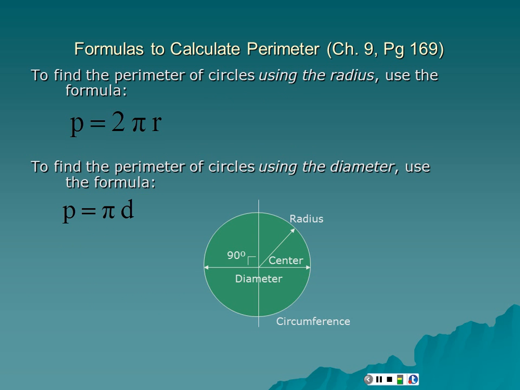Now we will try to calculate the perimeter of a circle. As you know, the circle is a little bit different than the other shapes because a circle doesn't have any sides like a triangle or rectangle. So we have a different formula for calculating the perimeter of a circle.